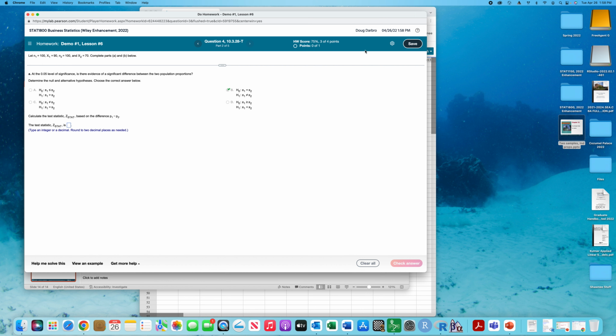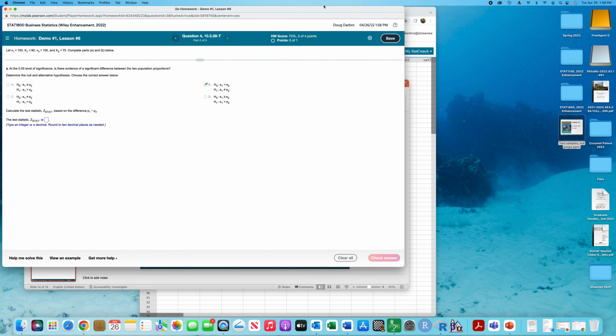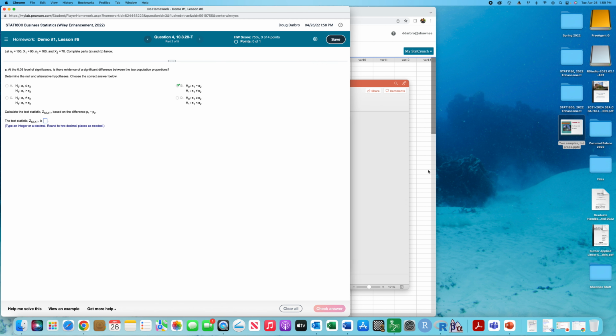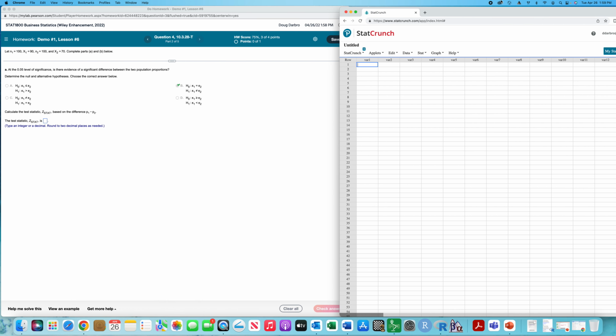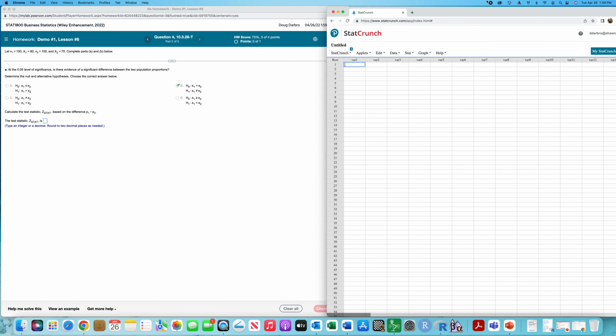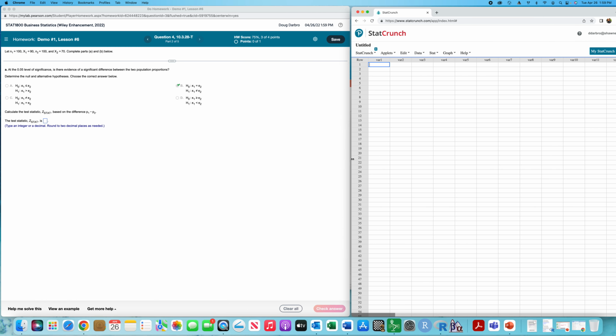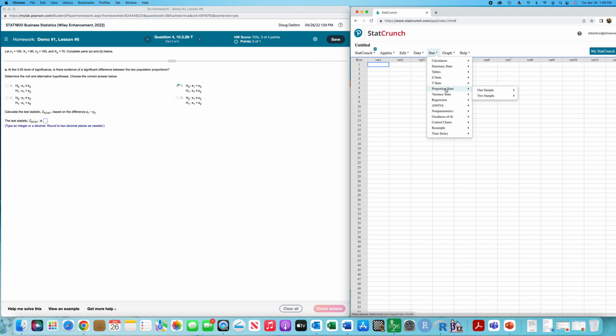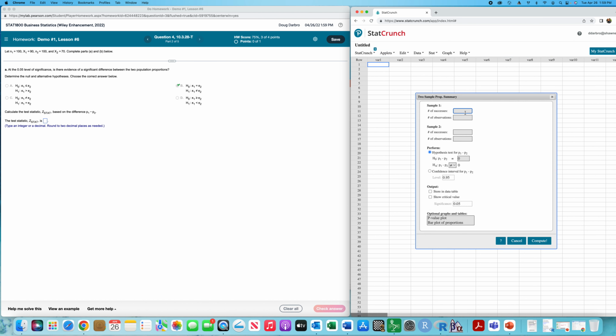Calculate the test statistic. Well, I'm going to need StatCrunch. So let me get organized here. And I am going to go to prop stats, two sample with summary. Should be pretty obvious why I chose that.